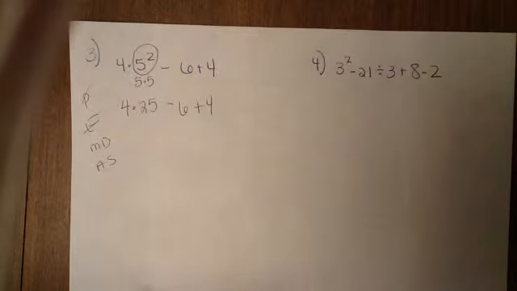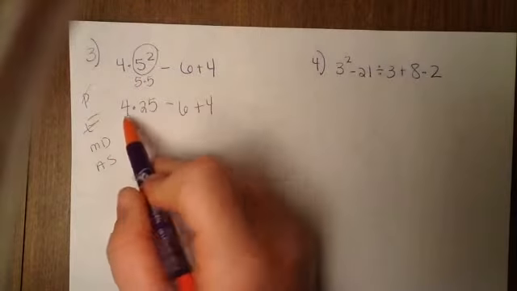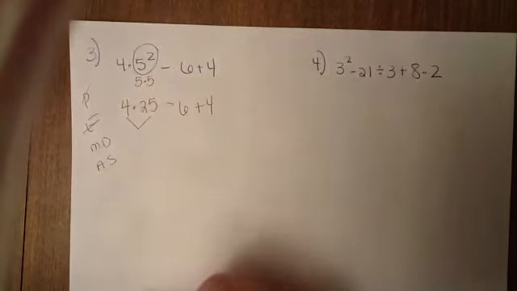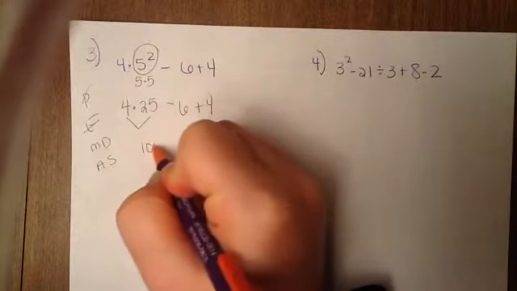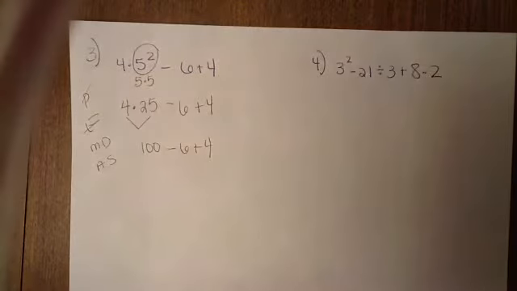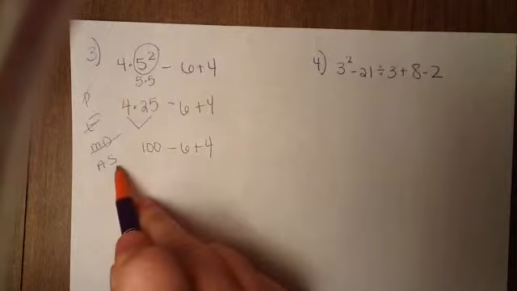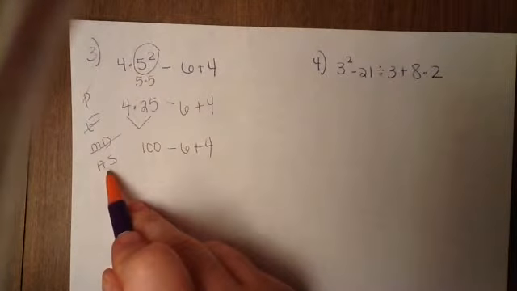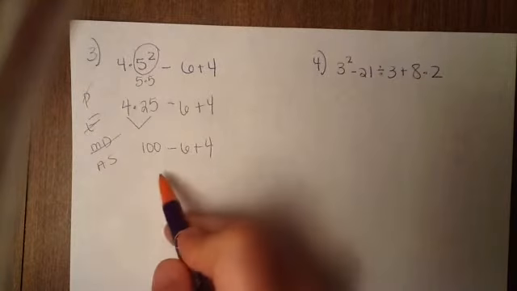What is next? Multiply, divide, left to right. So I'm going to have 1 multiplication. 4 times 25 is 100 minus 6 plus 4. And lastly, we're going to add or subtract, and those go together. How? Left to right.